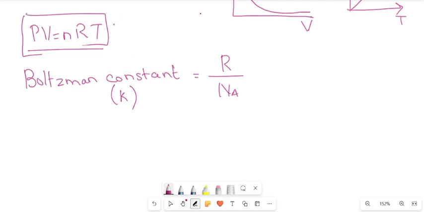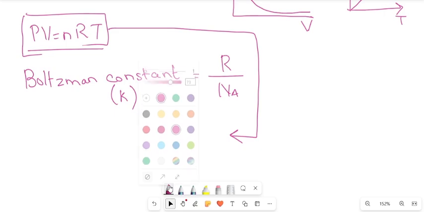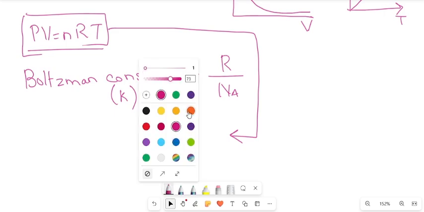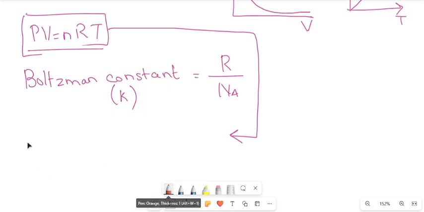Now from this I will derive another formula. Let's go with this. We know PV equals nRT, right? Now, do you know what R is?